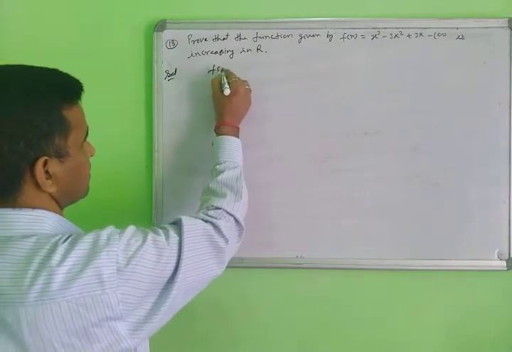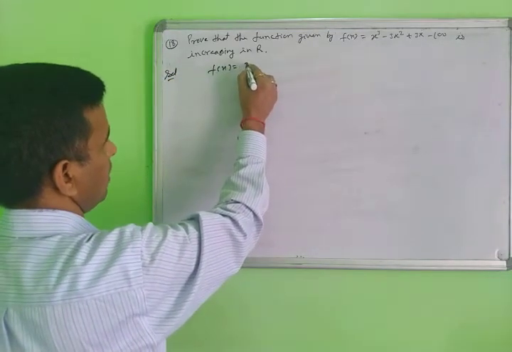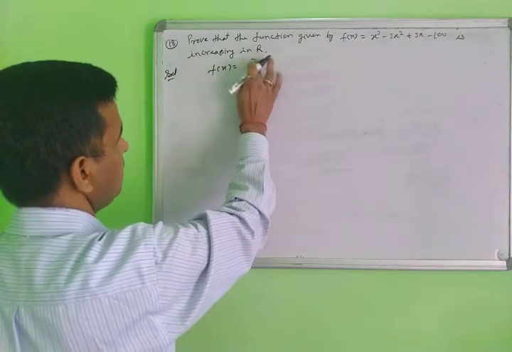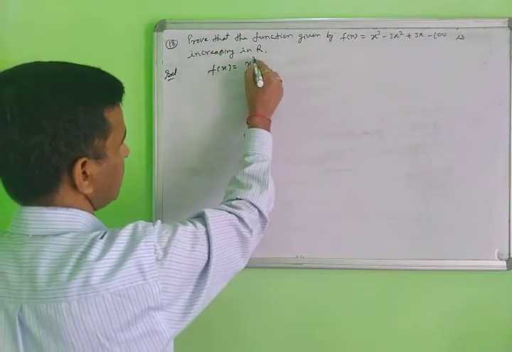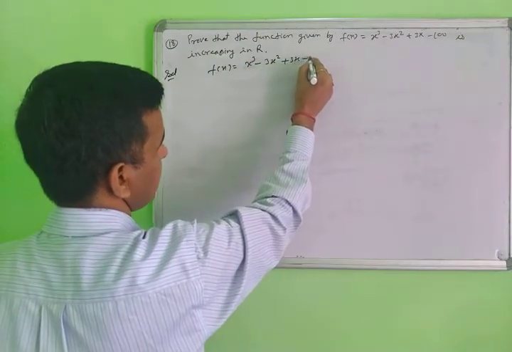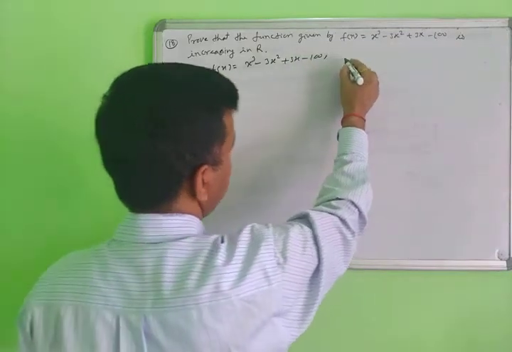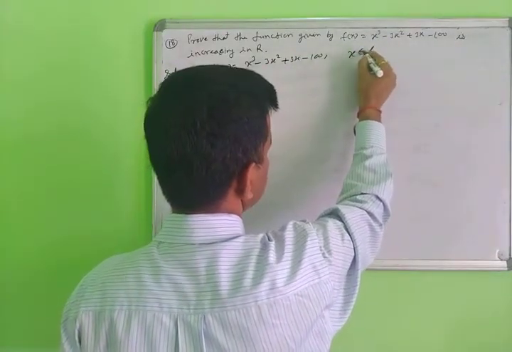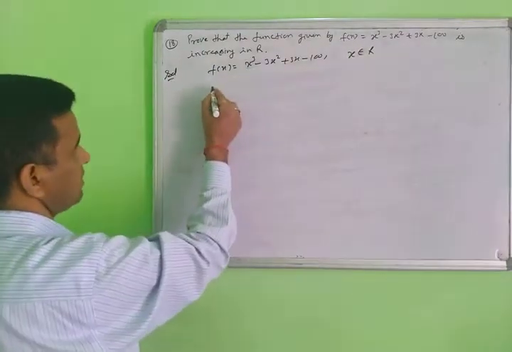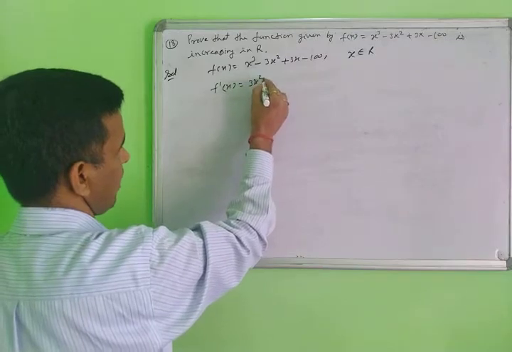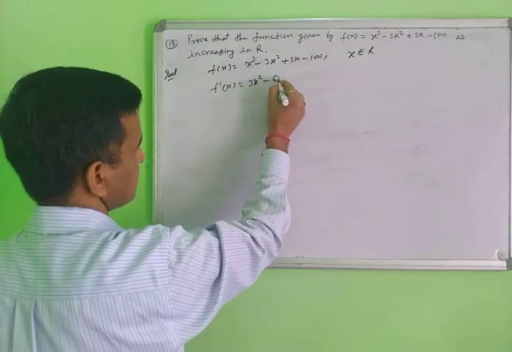First I am taking the function here, f(x) equals x cube minus 3x square plus 3x minus 100, and x belongs to real numbers. Same thing here, differentiate: f dash x equals 3x square minus 6x plus 3.